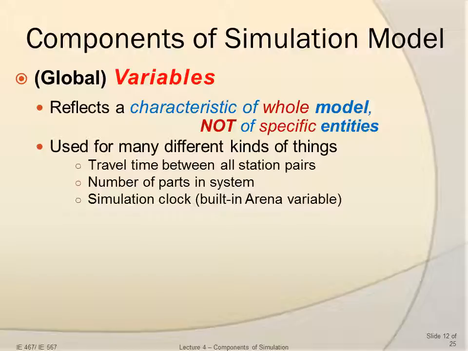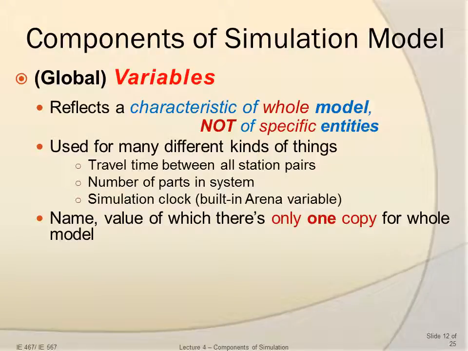And they are used for many different kinds of things. For example, travel time between all station pairs, number of parts in the system, or very often a simulation clock, and that's a built-in Arena variable. Name, value of which there is only one copy for a whole model.